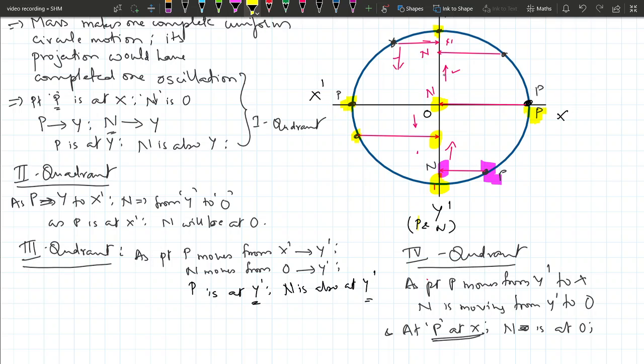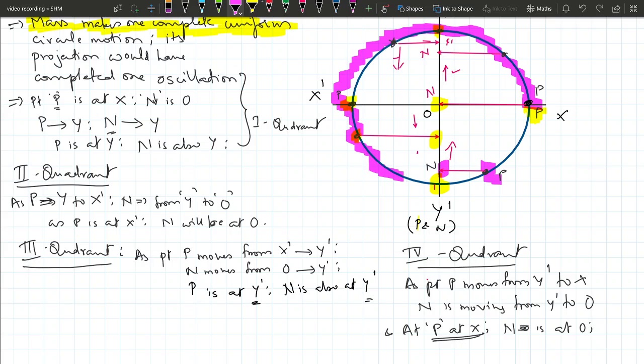So therefore, the mass, when it makes one complete uniform circular motion, this point P, look here, is moving in a circular manner like this.